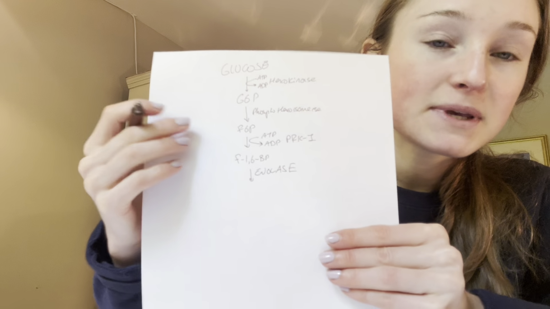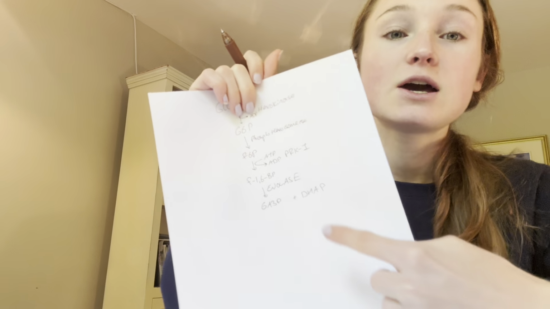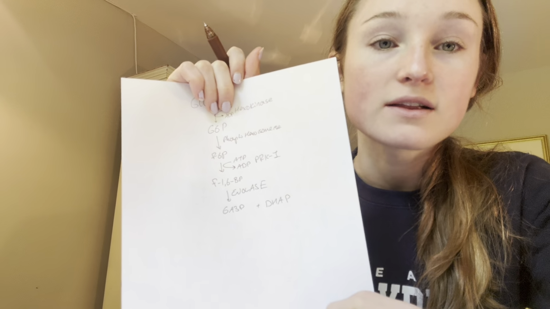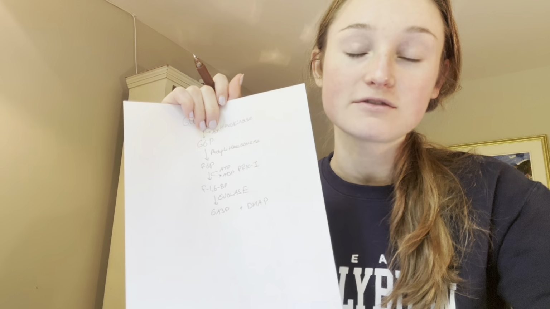So we go from F16BP, the enzyme chops it in half, and now we have glyceraldehyde 3-phosphate plus DHAP. We have a teeny weeny little problem because we cannot send DHAP down the rest of glycolysis, but we can send GA3P down the rest of glycolysis.